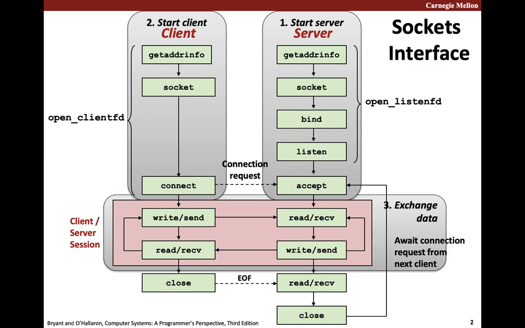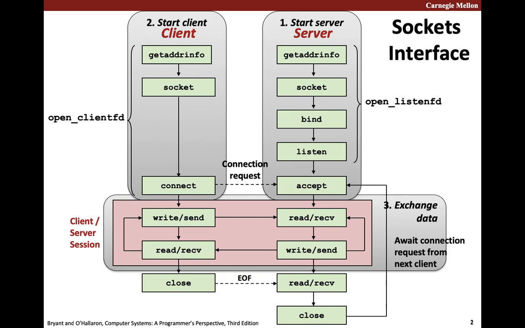And you can send back and forth as many times as you need, using the write or send call to send things, and then the read or receive call to receive things. This can go back and forth depending on whatever protocol you're speaking, and we'll talk more about that in the next class, putting those things together.